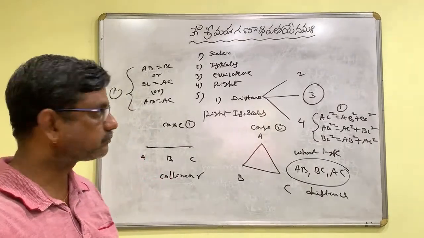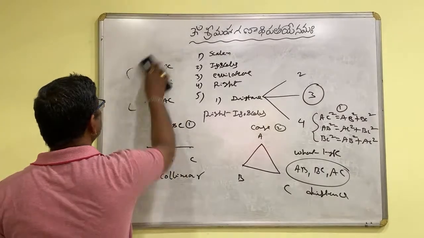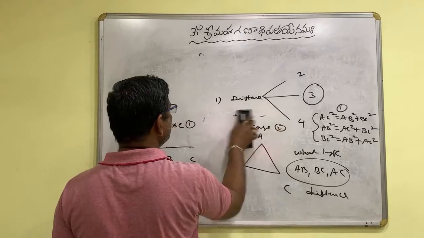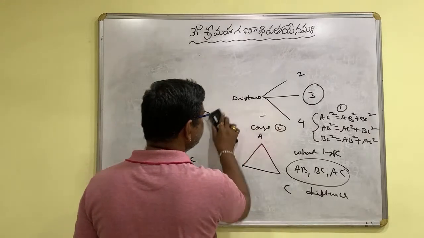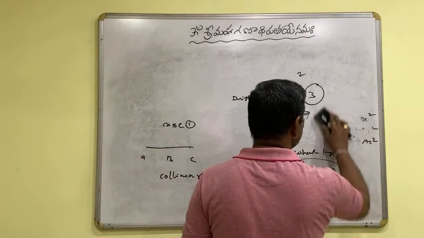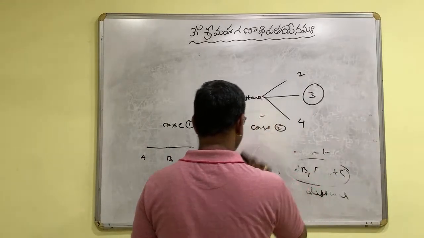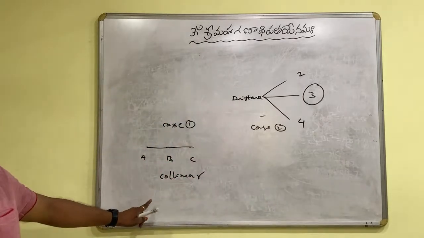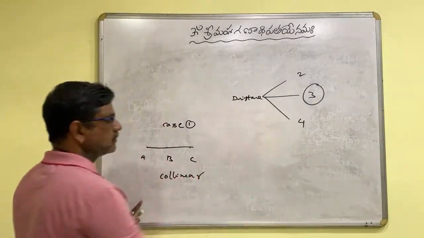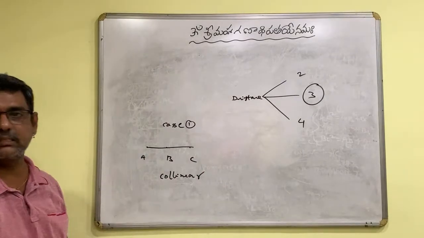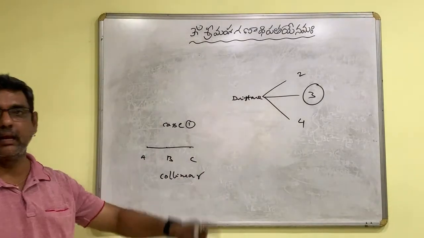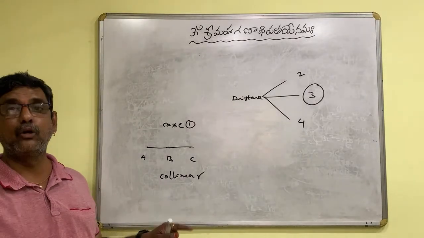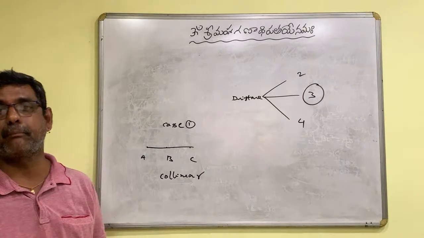Okay, children. Now, coming to the first case: what happens if we are able to draw a line passing through 3 points?